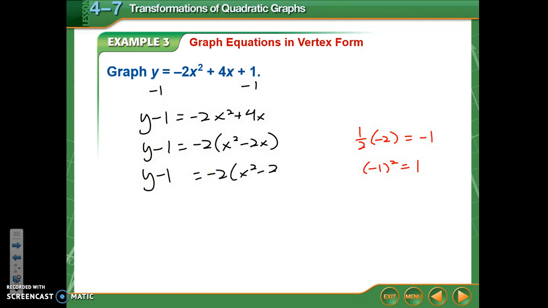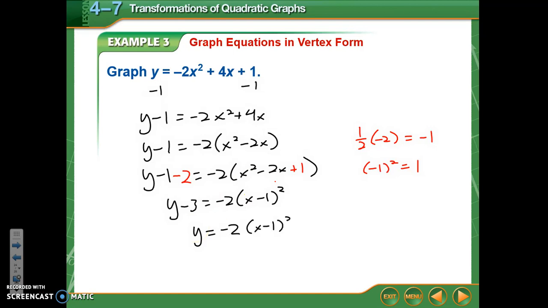And I'm going to add that here inside my parentheses. But remember, this 1 is really multiplied by a negative 2. So what I really did was subtract 2. So I need to do that to the other side. That leaves me with y minus 3 equals negative 2 times x minus 1 quantity squared.